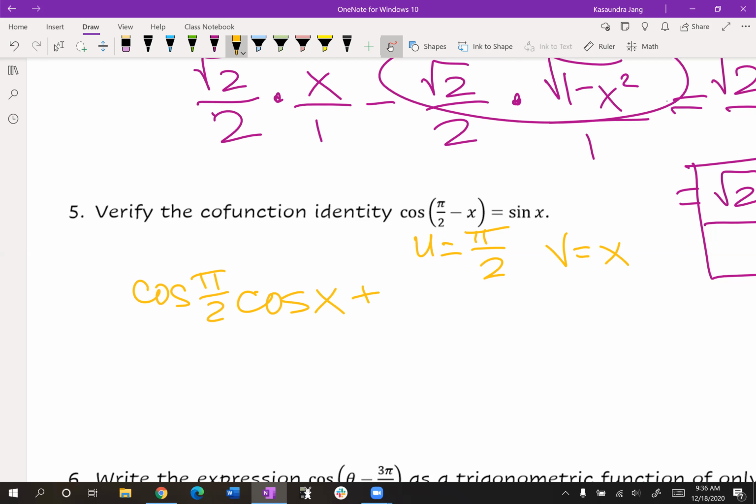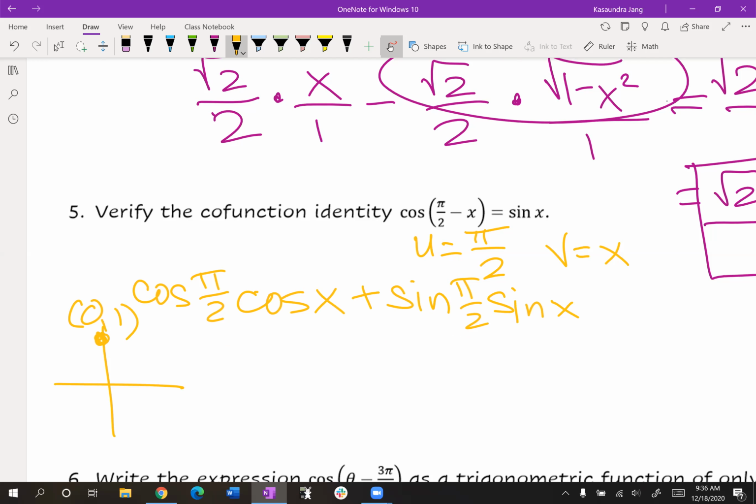And then plus sine of the u, so sine of pi halves, times sine of the v, which is sine of x. All right, and then these two we should be familiar with. Pi halves on our unit circle is up at this point, and that is the point 0, 1 on my unit circle.